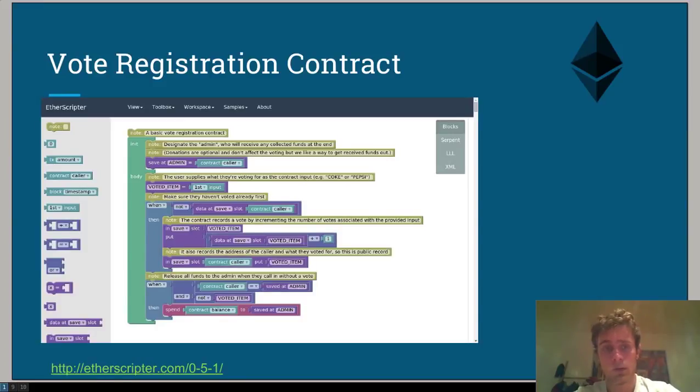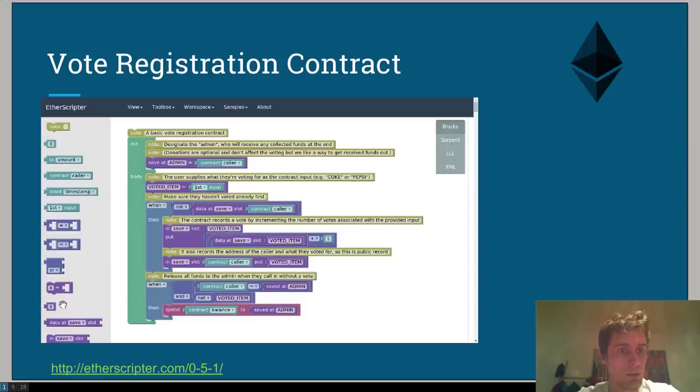But there is something simpler. It's to use blocks, like I told you. In that case, that contract is actually quite a bit more complicated than the one before, but it's really visually easy to understand. So that is a basic vote registration contract. Then init, so it's the initialization, and what you see here is the actual instruction.